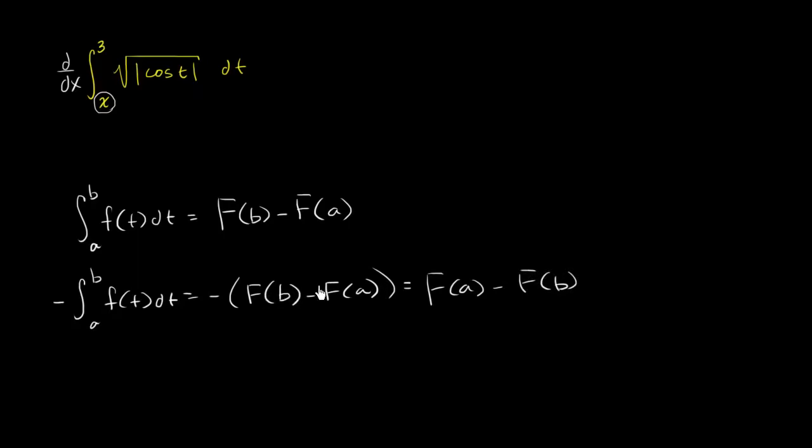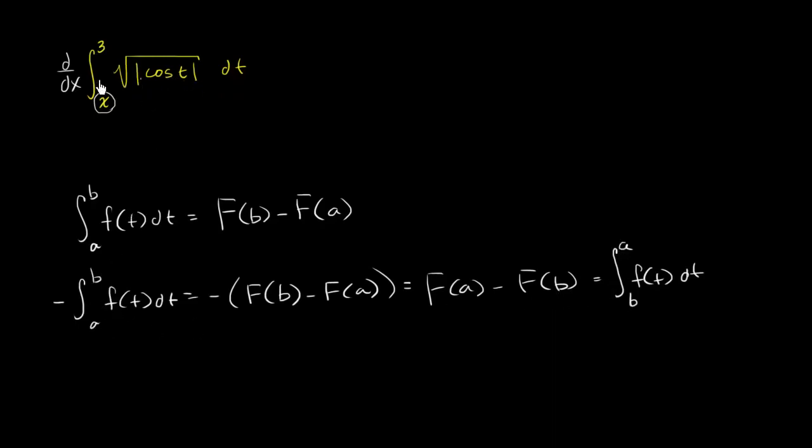All I did is distribute the negative sign and then switch the two terms. But this right over here is equal to the definite integral from, instead of a to b, but from b to a of f of t dt. So notice, when you put a negative, that's just like switching the signs or switching the boundaries. Or if you switch the boundaries, they're the negatives of each other.